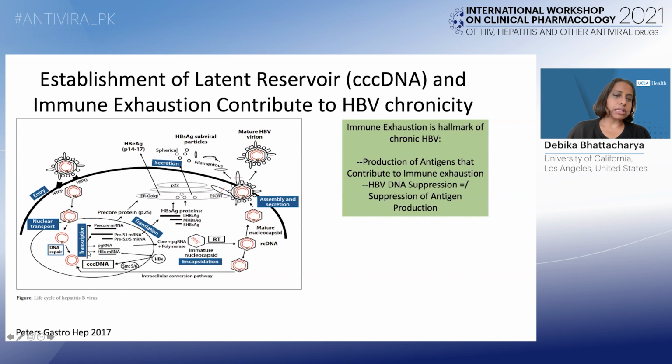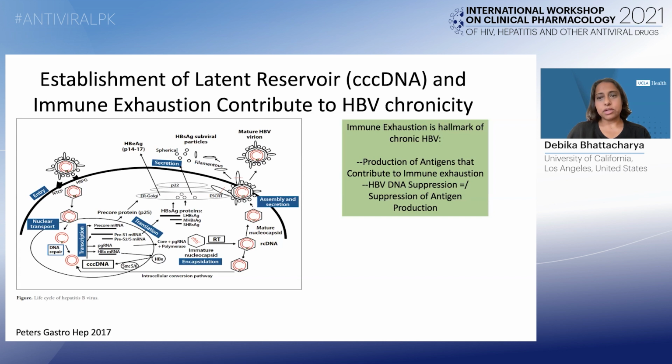And it establishes a latent reservoir here, as we've called already, cccDNA, or covalently closed circular DNA. And this serves as the latent reservoir. And because drugs do not work on this part of the reservoir, you cannot functionally eradicate hepatitis B yet.